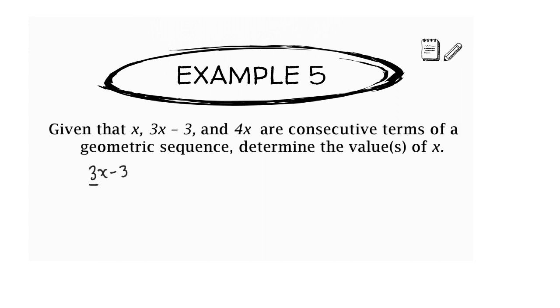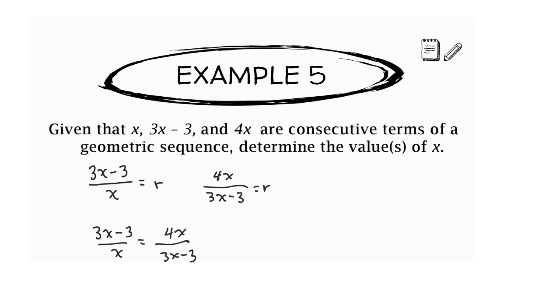So 3x minus 3 divided by x should be equal to some common ratio r. Likewise, 4x divided by 3x minus 3 should also be equal to r, and thus we can skip the middleman and say that 3x minus 3 divided by x should be equal to 4x divided by 3x minus 3.